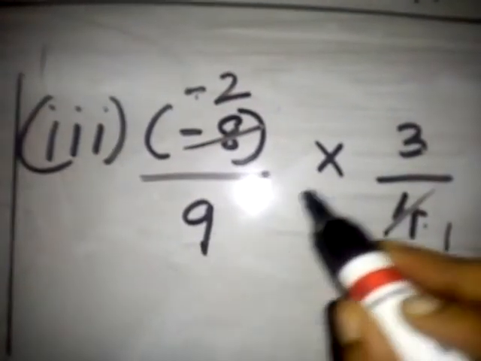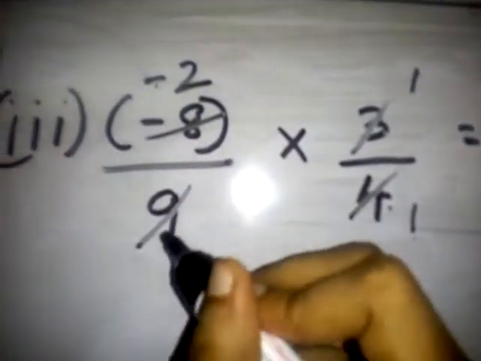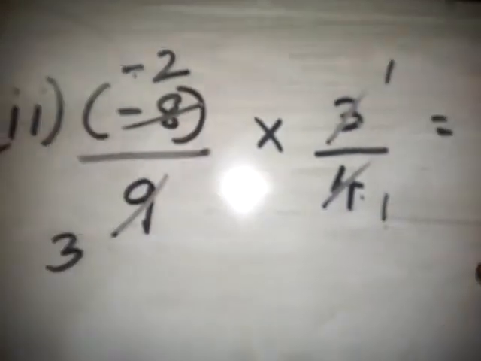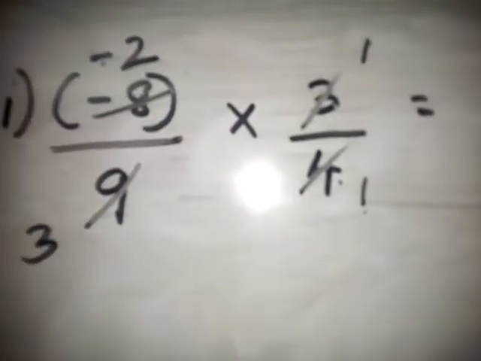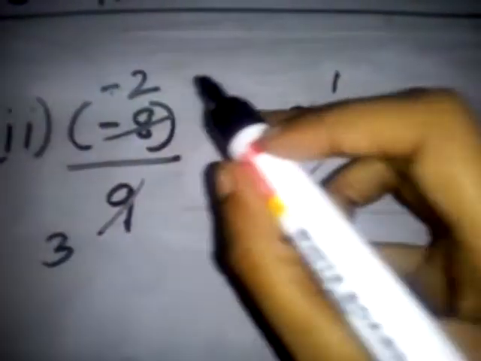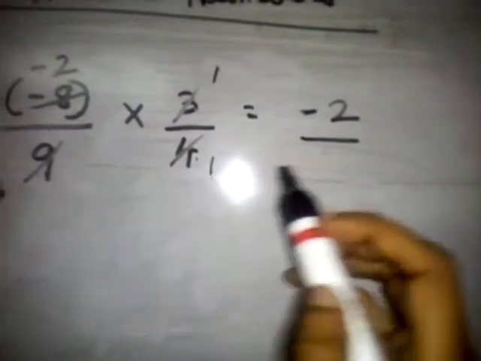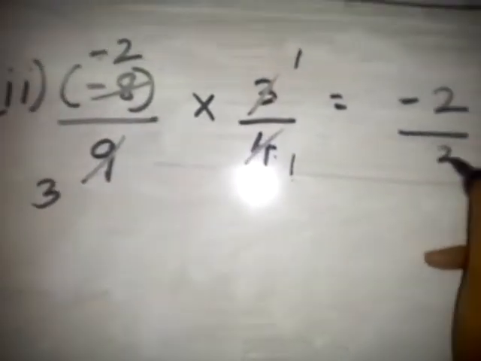Here this one is in the 3 table. 3 1s are 3, 3 3s are 9. Minus 2 into 1. Minus into plus is minus. 2 ones are 2, upon 3 ones are 3. Minus 2 upon 3 is the answer.